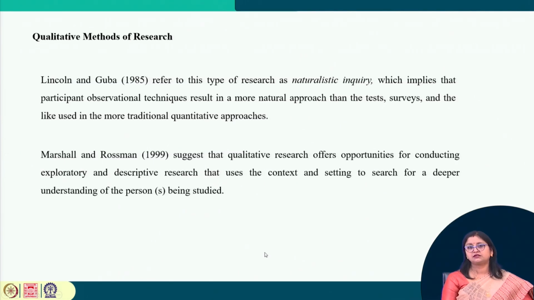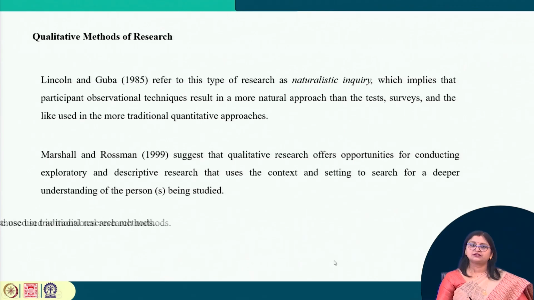So one is saying interpretive, the other is saying naturalistic inquiry. Marshall and Rossman in 1999 suggest that qualitative research offers opportunities for conducting exploratory and descriptive research that uses the context and settings to search for a deeper understanding of the persons being studied.